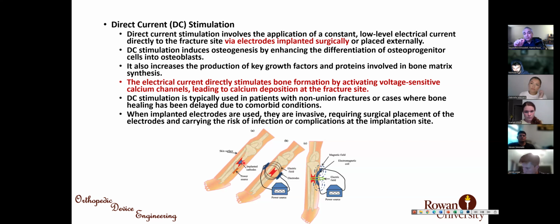So by electrical stimulation, we stimulate these channels, and the osteoblasts are stimulated and produce more bone. But as I said, this is an invasive or at least semi-invasive procedure, and it takes several weeks to be effective.